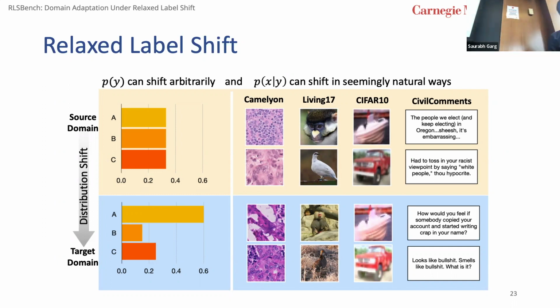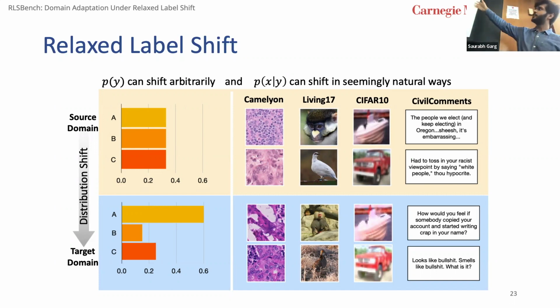So what do I mean by that? I mean that these kinds of shifts are motivated by things that appear in practice. For example, let's take the Camelyon corpus. There we have data from hospital 1, and in hospital 2, the way in which these images look in terms of their intensities is slightly different because of different pigmentation techniques or different tools that they use to get to these images.